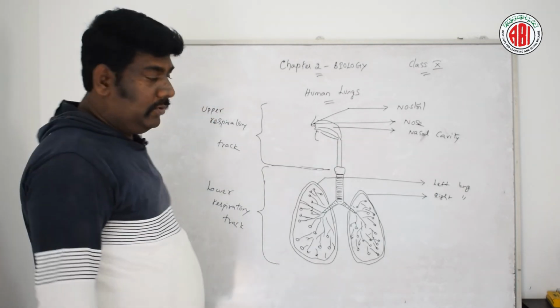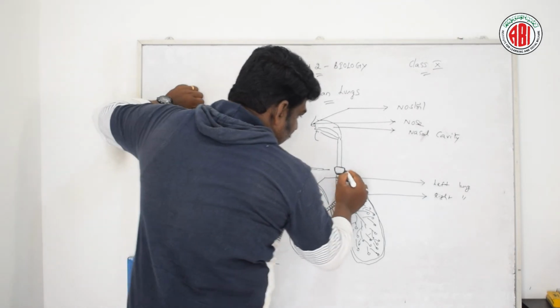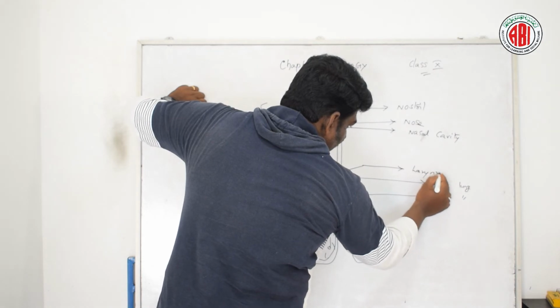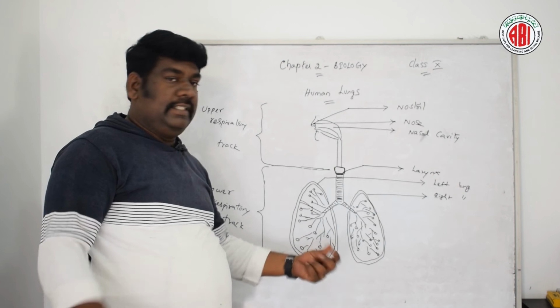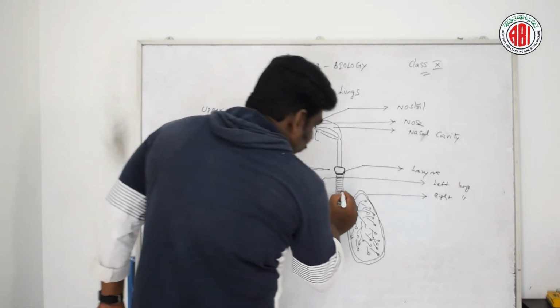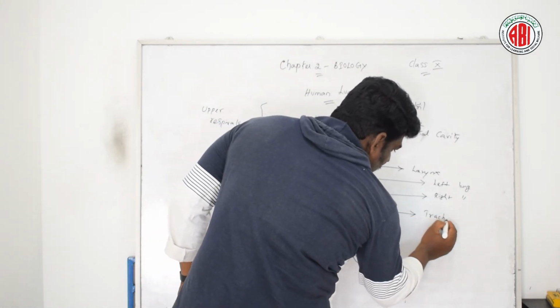Now this box-like structure is here. It is very important. It is called the larynx, and the larynx is followed by an erect straight tube-like structure. This tube-like structure is called the trachea.